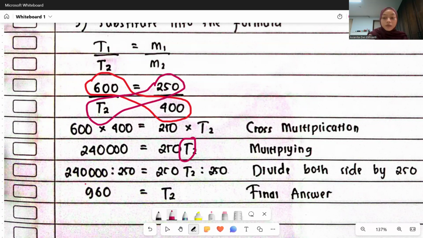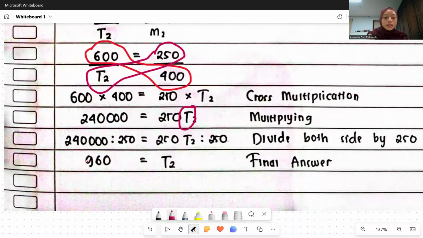We calculate again: 240,000 divided by 250 is equal to 960, and 250 T2 divided by 250 is equal to T2. So the final answer is 960 seconds.